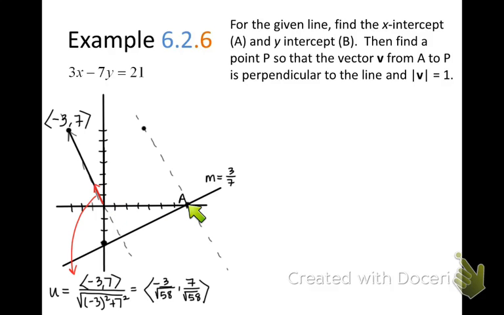7 onto which component? The x. Do I have to add anything onto the y component? No, I don't, right? All right, so if I'm going to shift that guy back, and let me color coordinate this a little bit, then I'm going to be finding this vector.